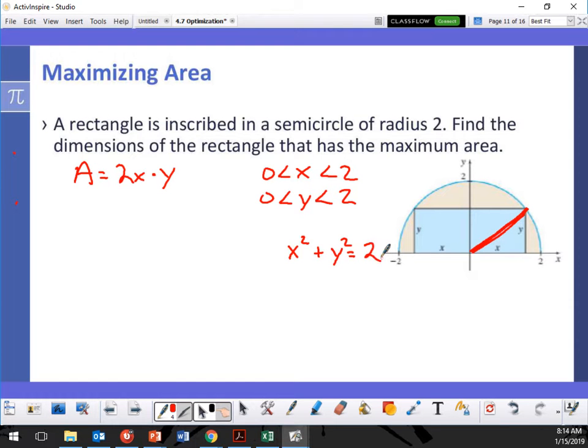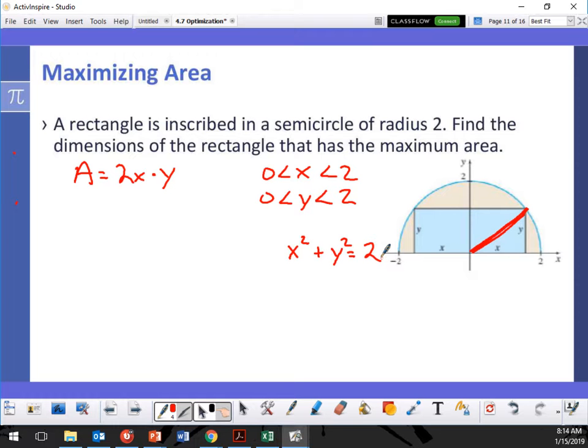Yeah, that's helpful, isn't it? I know that it's always going to come out to be that. And so we're going to maximize the area for one of my variables. So given this, I have enough information now to actually go ahead and do this.